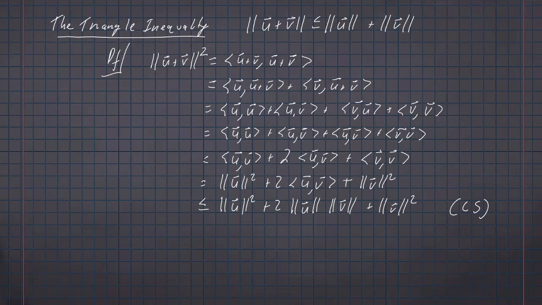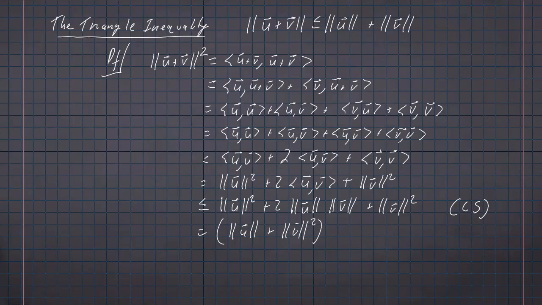Then from here, we have a perfect square trinomial. This thing factors. It's going to be the magnitude of u plus the magnitude of v, squared. Just noticing that that's the form of the perfect square trinomial with the magnitude of u and the magnitude of v instead of a and b that you're used to, or x and y.